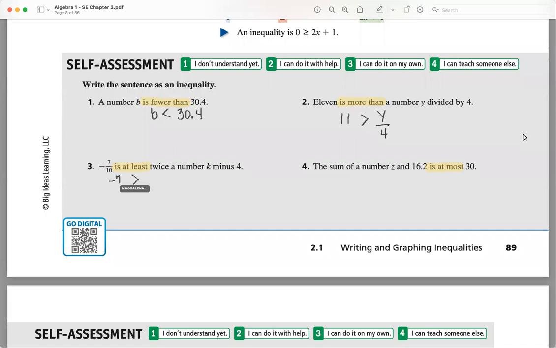So -7/10, and now let's take a look. Twice a number k minus 4. Okay, so twice a number k minus 4. Number 4, the sum of a number z and 16.2 is at most, that is less than or equal to 30.